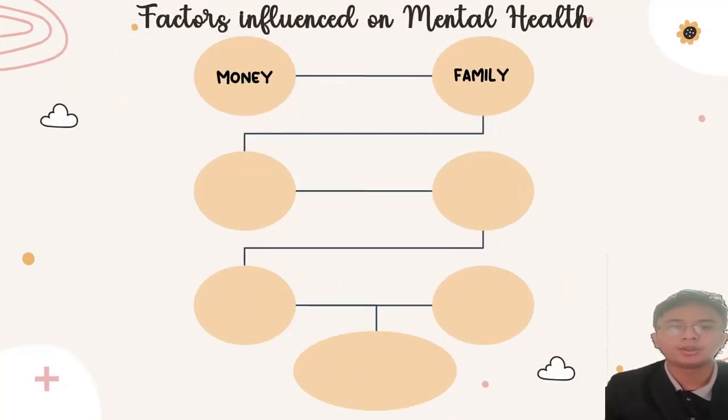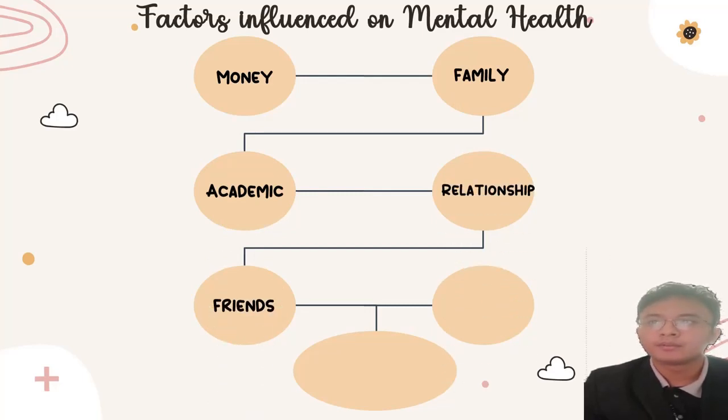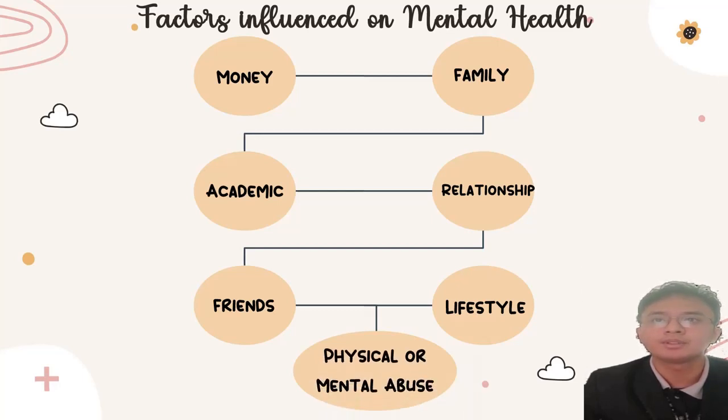Lastly, I'll be talking about factors influencing mental health. The factor with the highest percentage is physical or mental abuse, which has 30% of students agreeing with it. It is then followed by family, which is chosen by 29.7% of students.